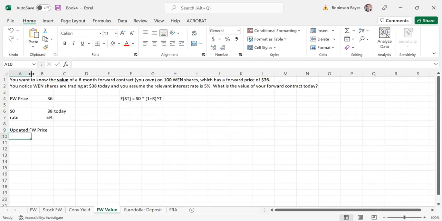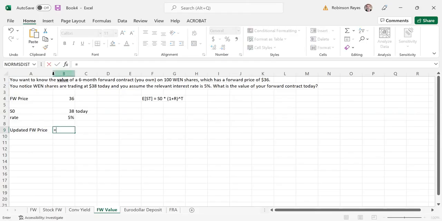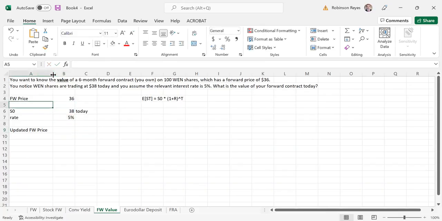Because the price of Wendy's is now 38, we have to calculate this updated price, which will be the spot price multiplied by 1 plus the rate to the power of time, and time is 6 months. So in this case, time is just 6 divided by 12.